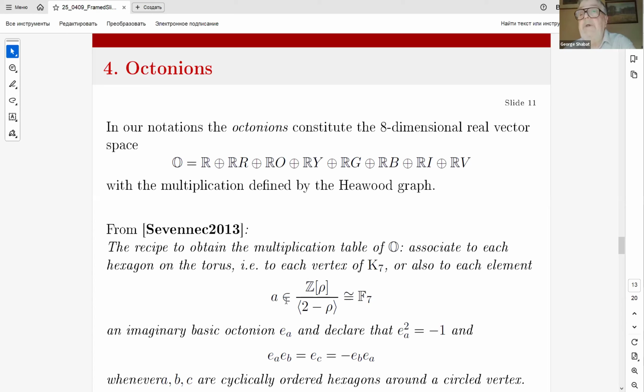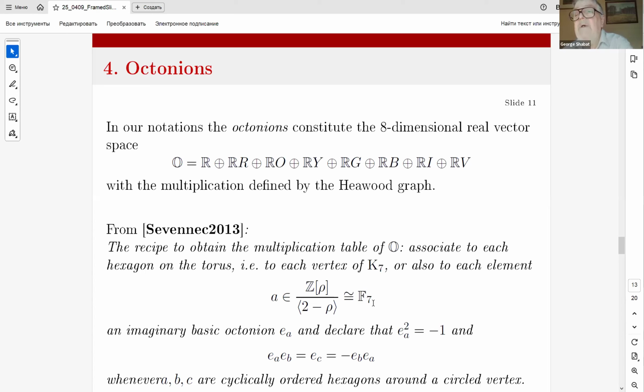Here we just repeat what we have, and denote the basic elements in a more boring way, simply by the indices of the field of 7 elements.